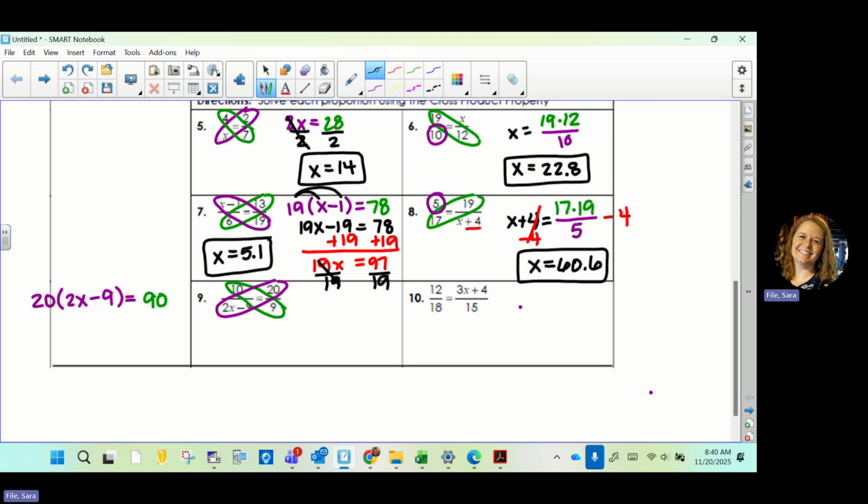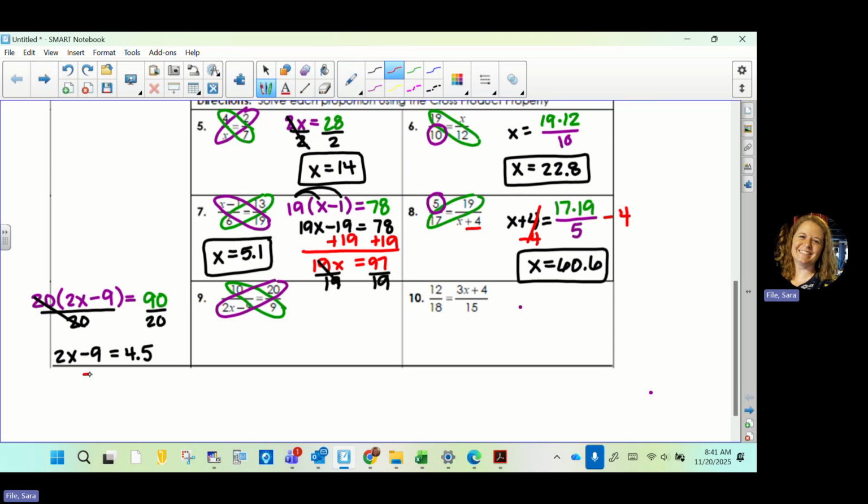Yes? Yep. So I could go ahead and just divide the 20 over first instead of distributing it if you wanted to. So I could divide out the 20 and be left with 2x minus 9 equals 4.5. Then I could finish solving for x.